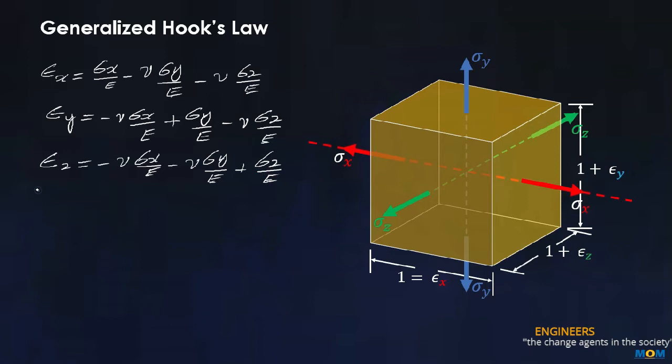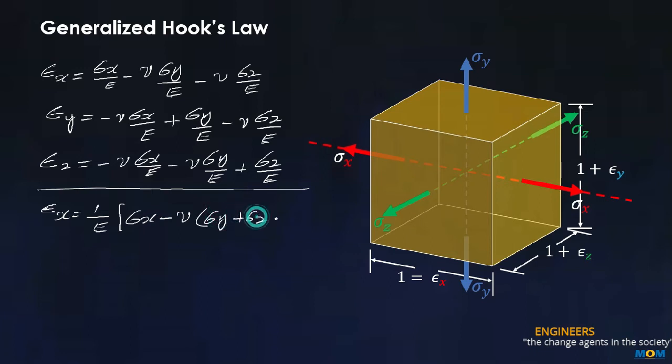Now these expressions are showing the generalized Hooke's law. These can also be rewritten as epsilon x is equal to 1 upon Young's modulus into sigma x minus nu times sigma y plus sigma z.